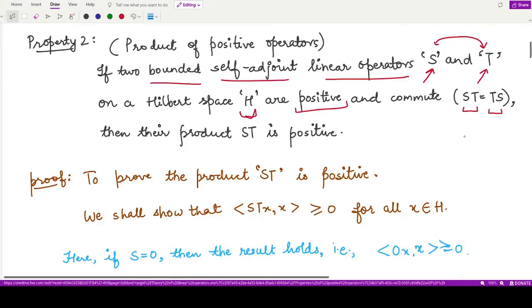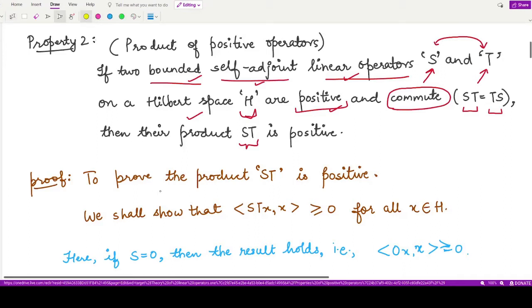If all of these things happen simultaneously, that means the two operators are bounded, self-adjoint, linear, positive and defined on the same Hilbert space, and moreover, they commute with each other, then we can say the product ST is also a positive operator. Let's see how. For this, we need to see its proof.